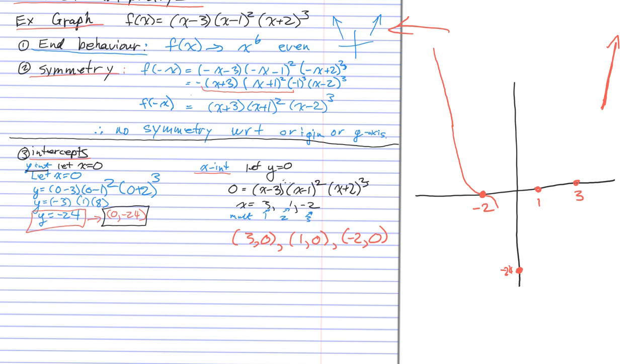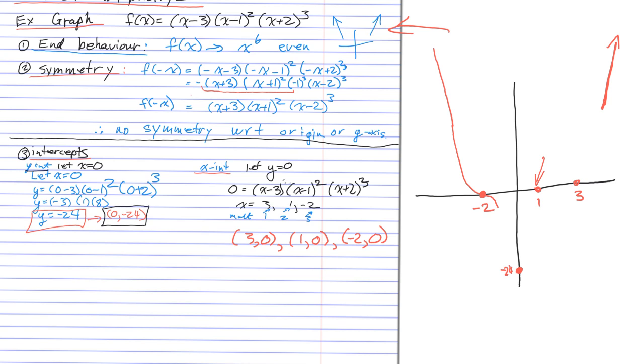The next thing we have to figure out is what's happening at 1, which has multiplicity 2. So this graph is supposed to look kind of like a parabola opening up. There's got to be some sort of point in between 1 and 0. We could easily find that.